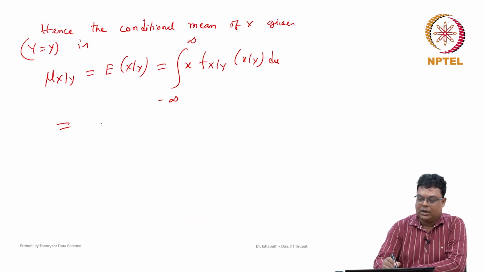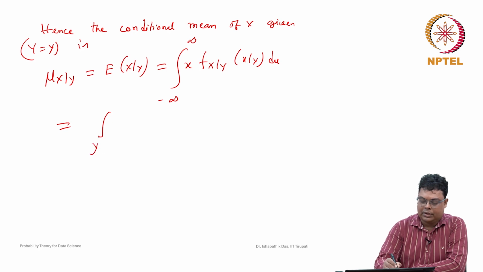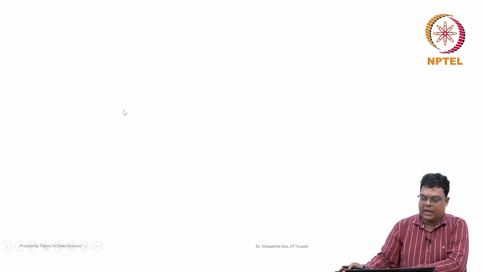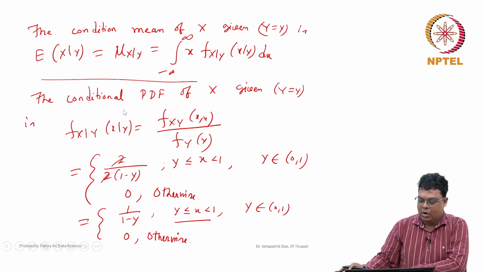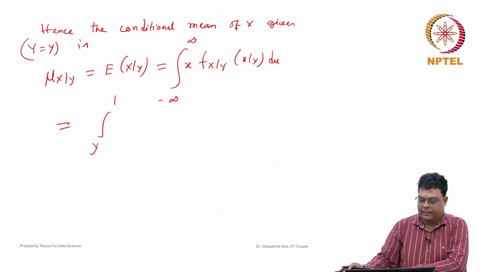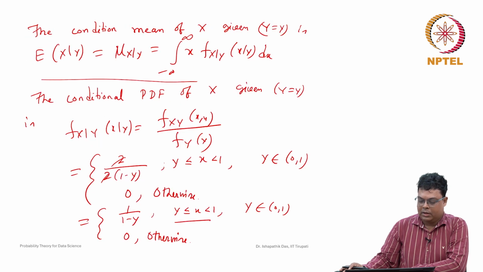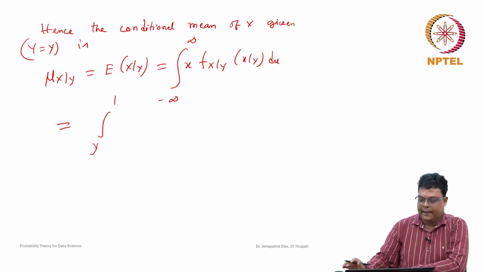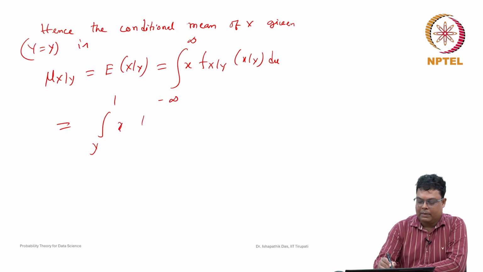So this is from y to 1. This density is 1 by 1 minus y, so x into 1 by 1 minus y dx.